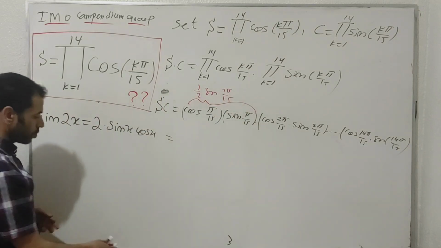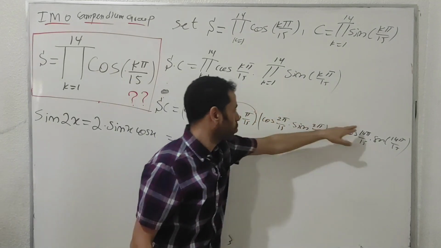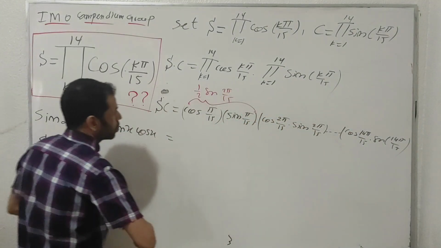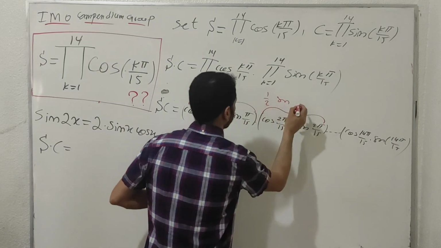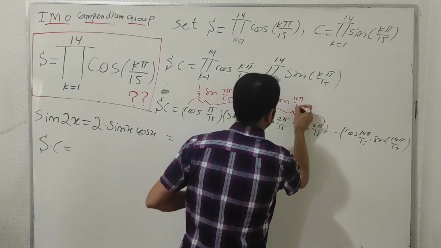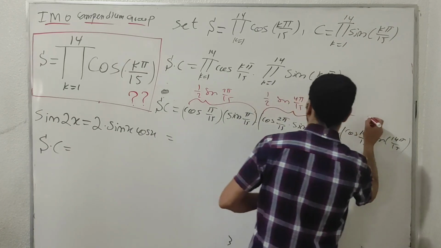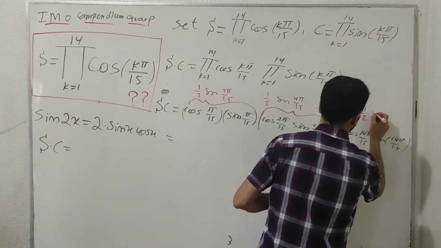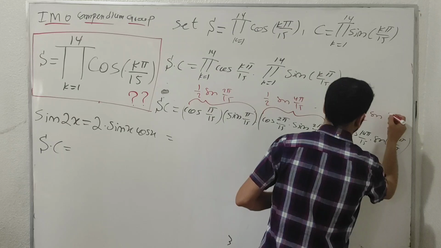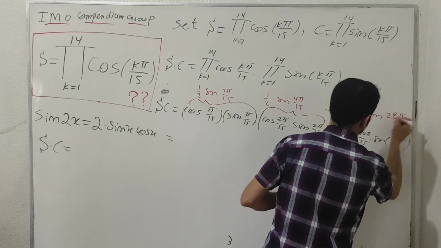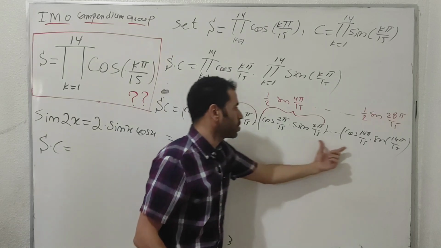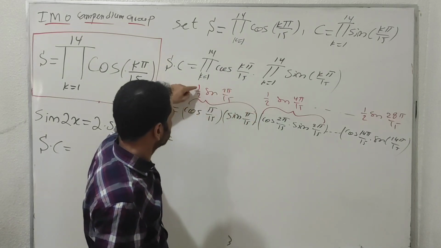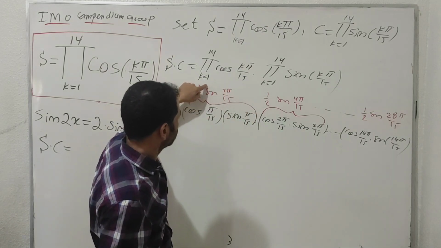This pattern goes all the way down to the end. So this one is the same as half of sine 4 pi over 15, and all the way down to half of sine of 28 pi over 15. This term is repeating 14 times, which means I will have 1 over 2 to the 14.